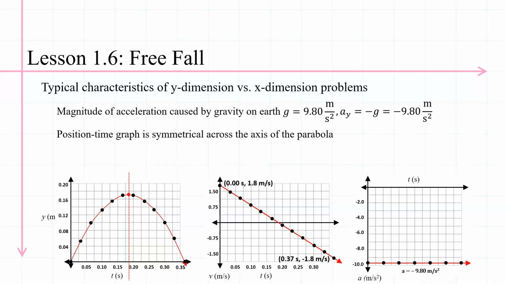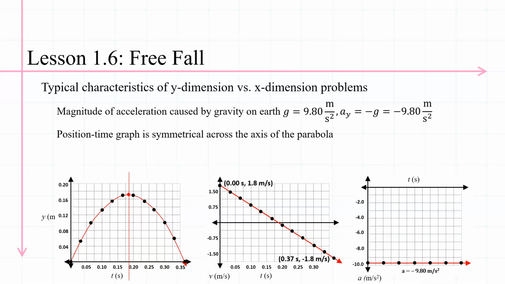So if at the beginning the soccer ball left the person's head with an initial velocity upward of 1.8 meters per second, and then went up into the air and fell back down again, what do you suppose the speed is going to be at which the soccer ball lands on the person's head, after it has gone through the entire up-down motion and is falling back to the same height from which it left?